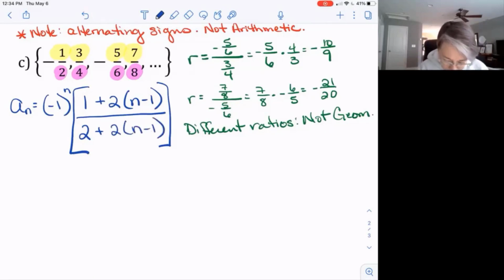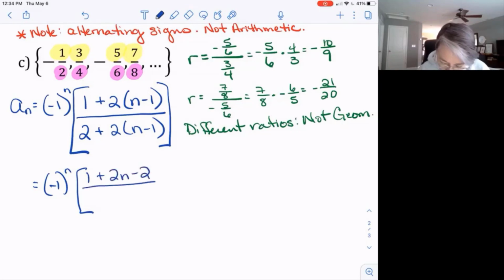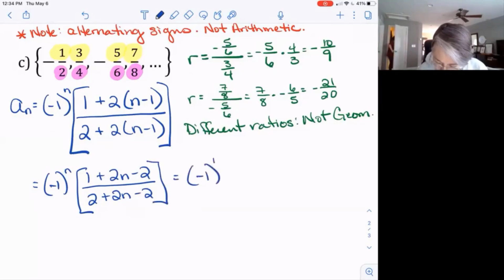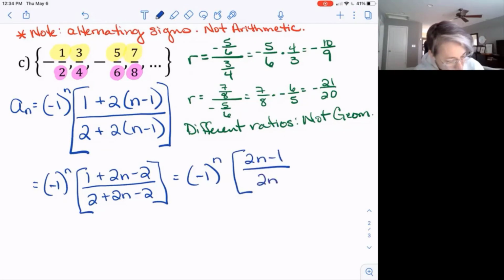So now we can actually simplify what's inside the brackets. We still have -1 to the n on the outside. We get 1, distribute the 2, we get 2n minus 2 on top, and then 2 plus 2n minus 2 in the denominator. -1 to the n with 2n minus 1 on top divided by 2n in the denominator.